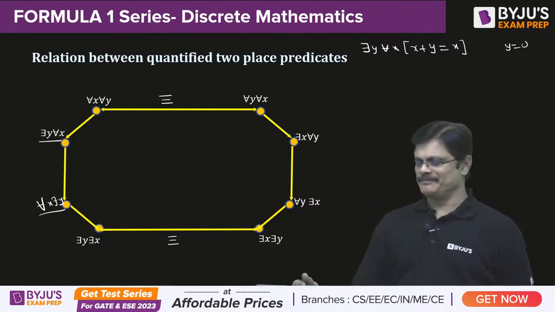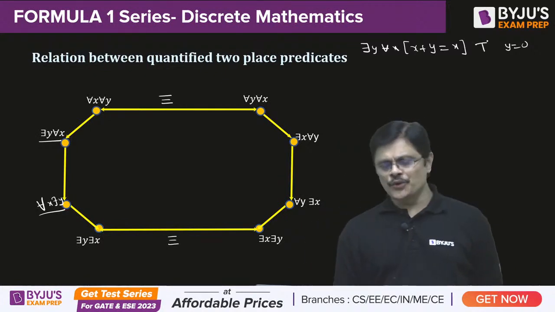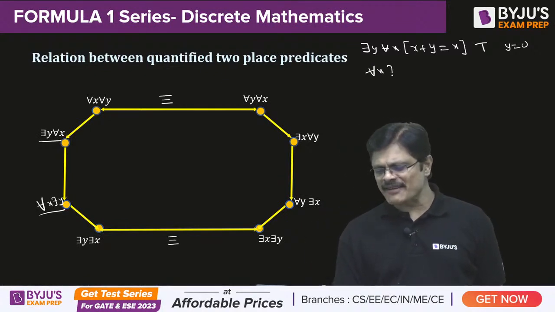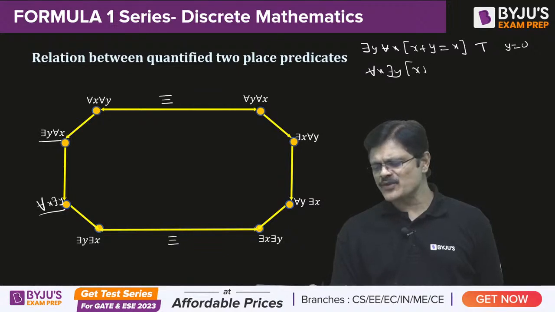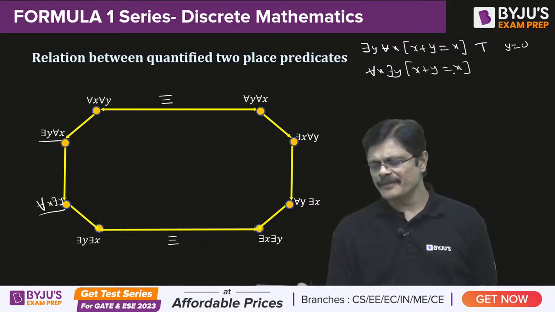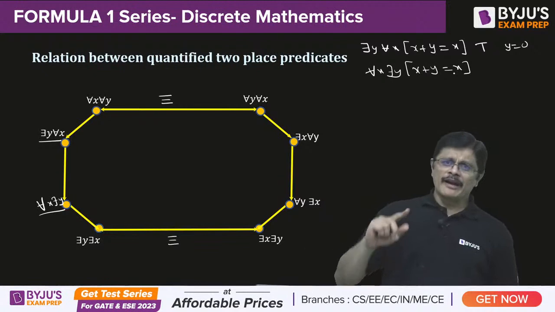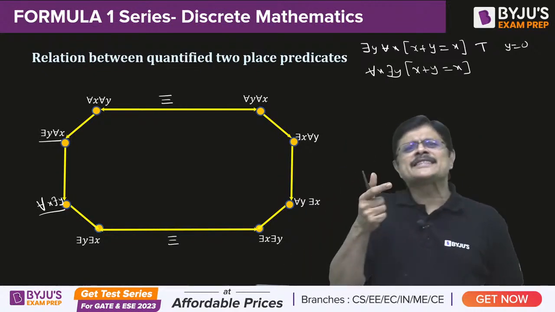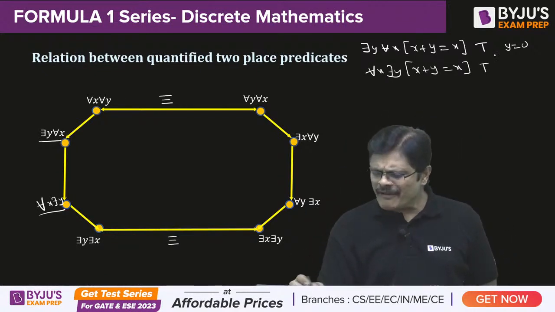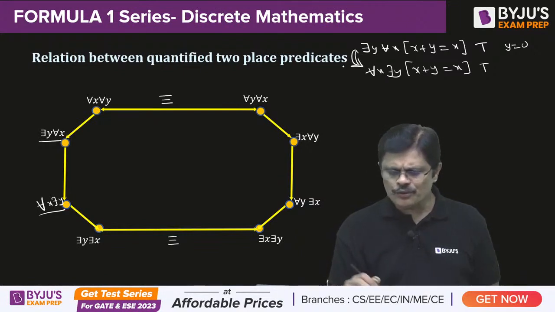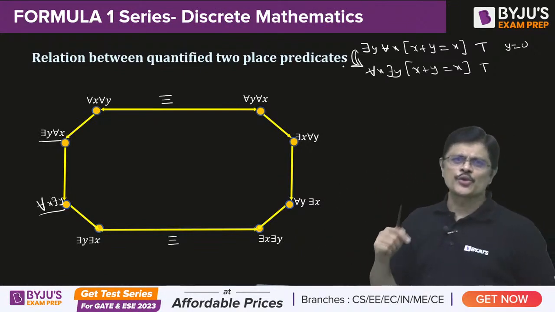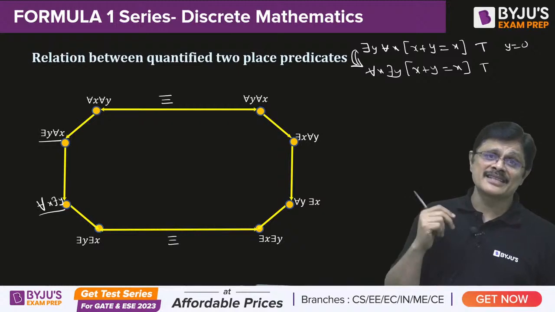Yes, it is true. Now, whenever it is true, can I interchange: for all x there is a y such that x plus y is equal to x? For every x I can find a y, and that y is the same y. So it is also true. Whenever this is true, this is also true, but not vice versa.